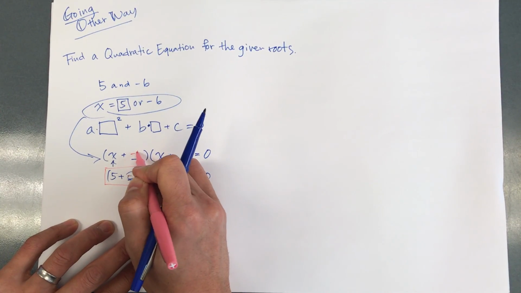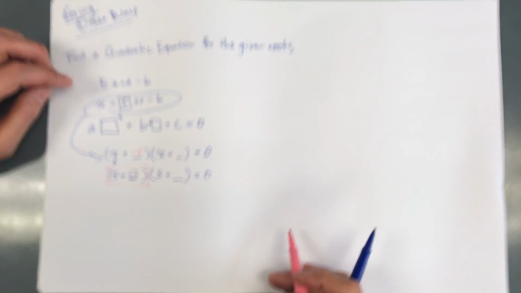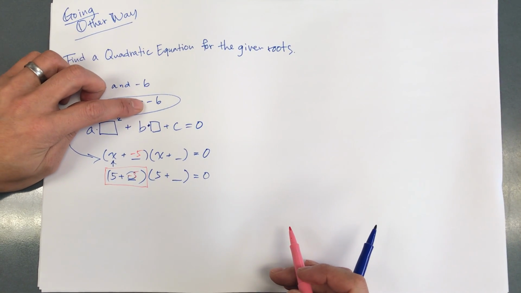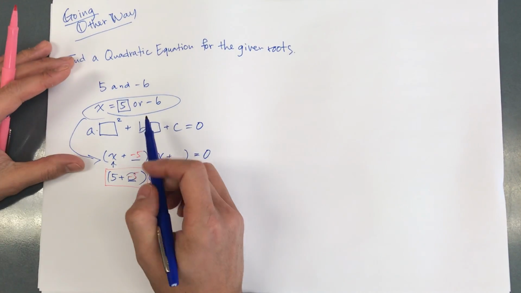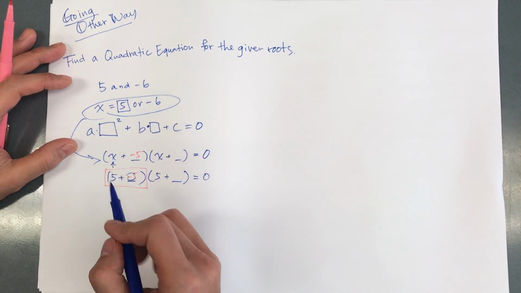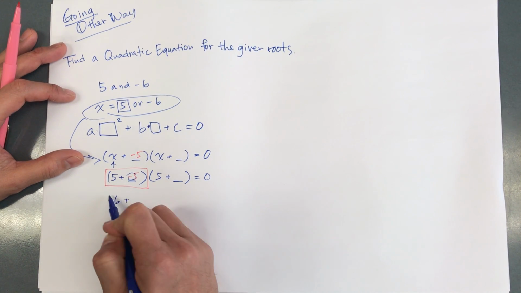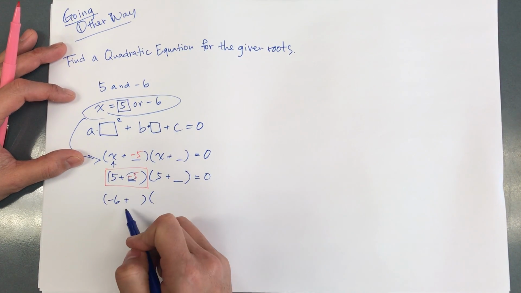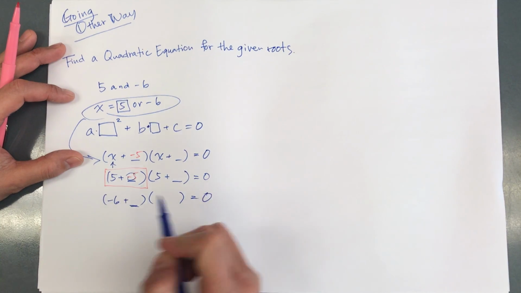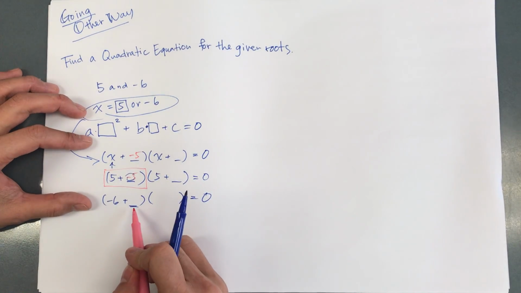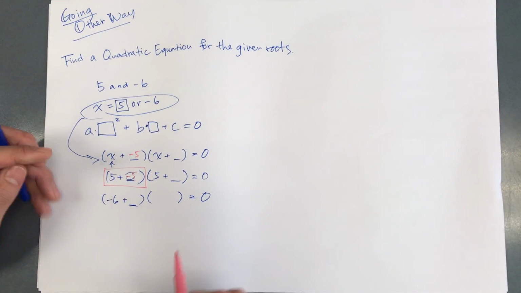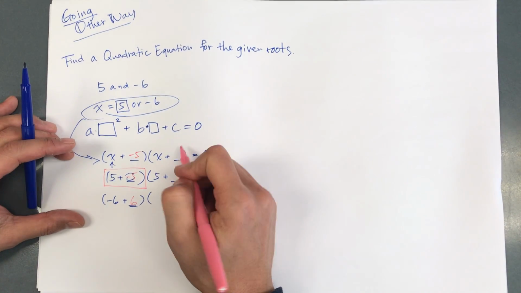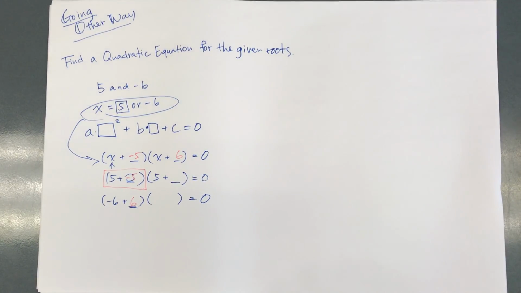So we can plug in -5 for that. And there's another case: if you plug in -6, that's going to give us 0. So -6 plus something is equal to 0. Well, the only number is 6. Therefore, we can plug in 6 like this.